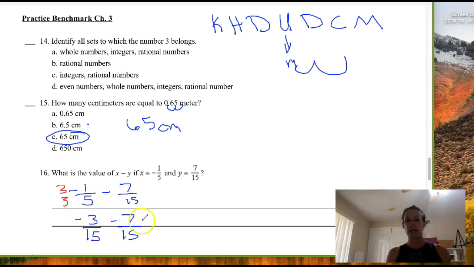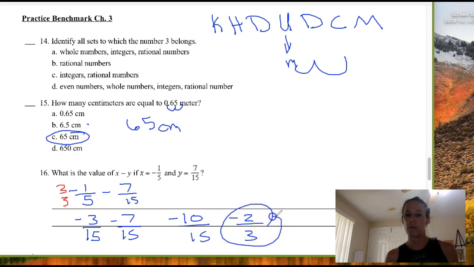They are both negative, so you're going to add them together. Negative 3 minus 7, they're the same sign, so you're going to add them and attach the sign. Negative 10 over 15. Now that does reduce. 5 goes into 10 2 times, and that is a negative, and 5 goes into 15 3 times, so my solution would be negative 2 over 3, and you're finished.